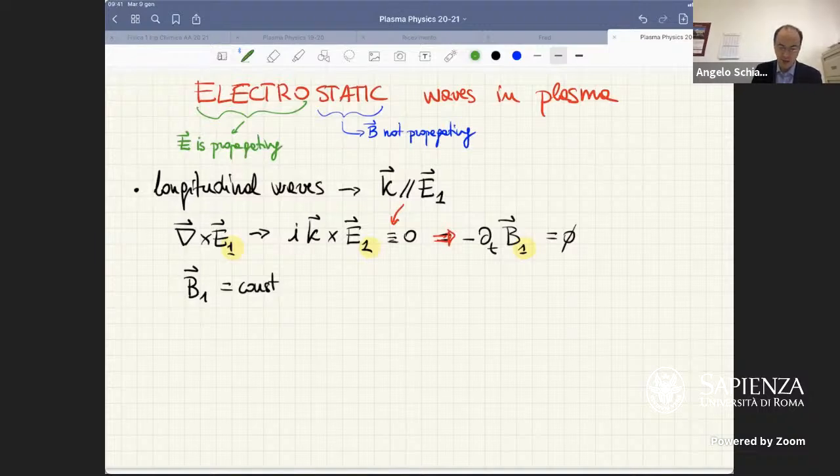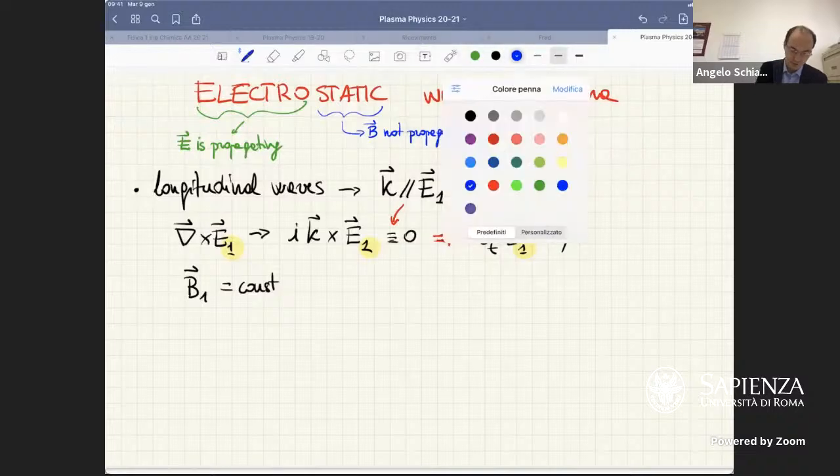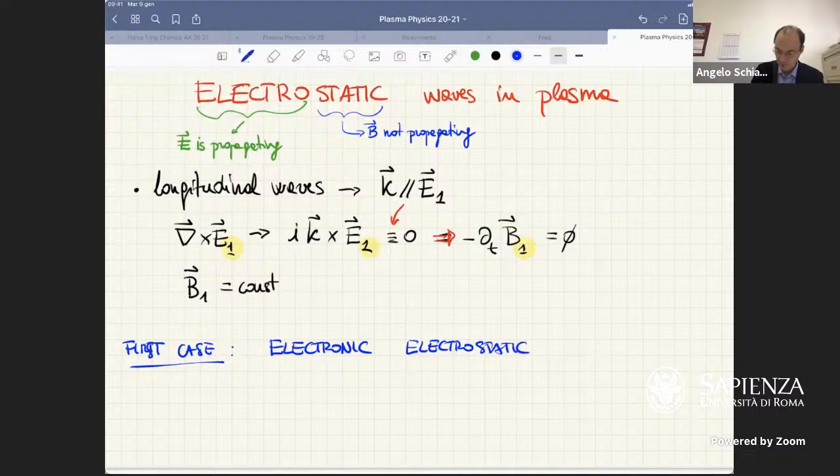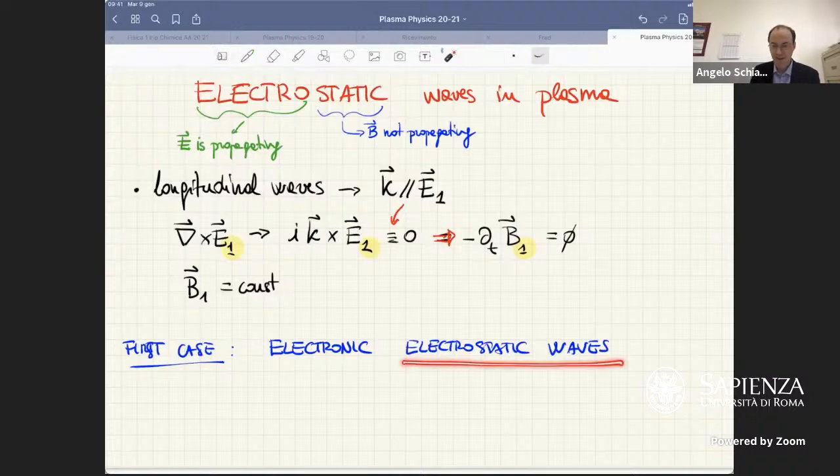So among the electrostatic waves, now we focus our attention on the electronic electrostatic wave. So the first case is going to be the electronic electrostatic wave, where this part here means exactly what we just described.